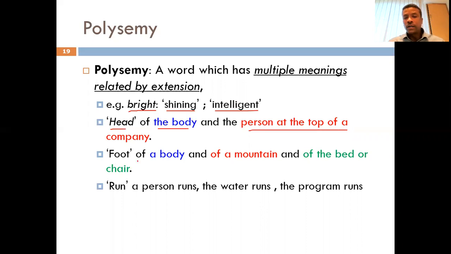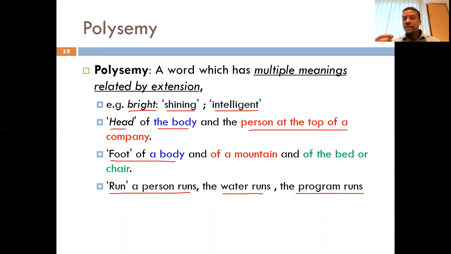If you have the word foot, it can be foot of a human being or a body, or it can be a foot of a mountain, which means it's found underneath, and it can also mean the foot of a bed or a chair, which means something that you find below. Or you can have words like run, like a person can run, but we also say the water runs. What does it mean? The water is flowing step by step. Or you can also say my program is running.